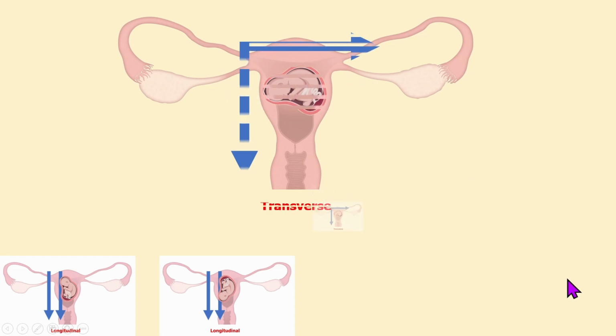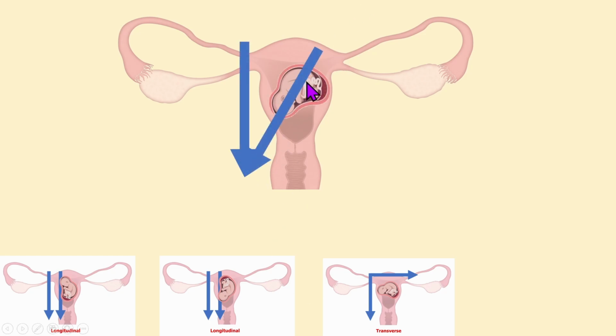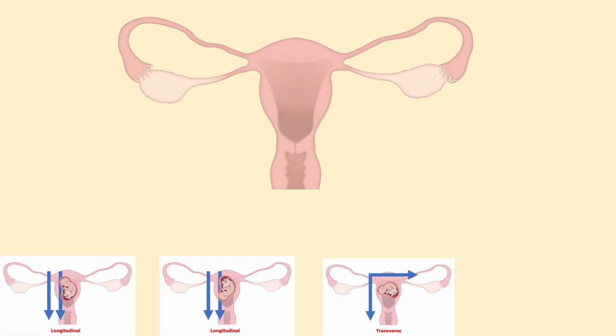So it's a transverse lie. Here, this is the uterus axis, and this is the fetus axis. So the long axis is oblique, so it's an oblique lie. Okay. So there are three lies: longitudinal, transverse, or oblique.